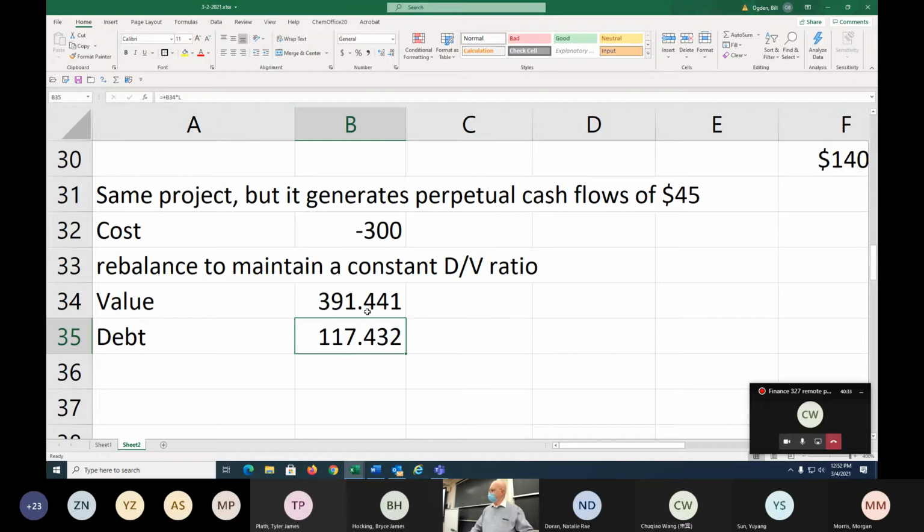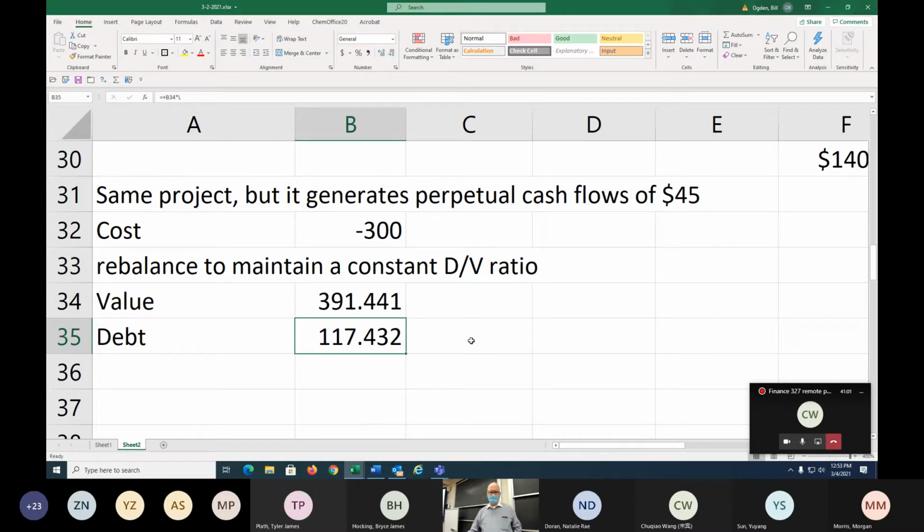What's the matching principle tell us about debt? You match the maturity of the borrowing to the maturity of the asset. That's the matching principle, right? So whenever you get a perpetual debt problem, you may assume that the debt is perpetual, meaning they're going to borrow 117,432 and never pay any of it back. Never. It's perpetual debt.